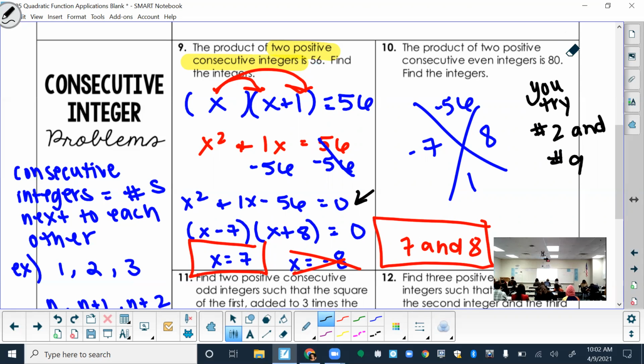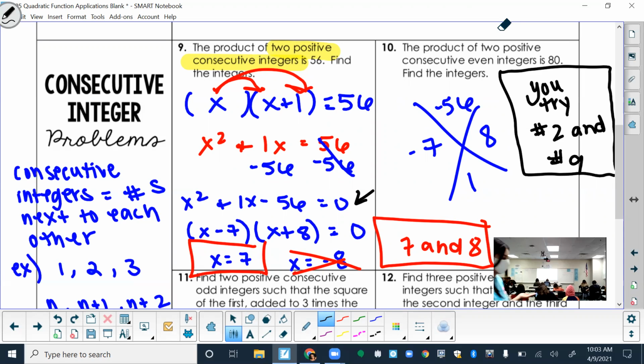All right, I know it's like evens or odds or whatever, but do 2 and 9. And we'll go over those ones and we'll break it up that way. So from your practice, those 2 problems.